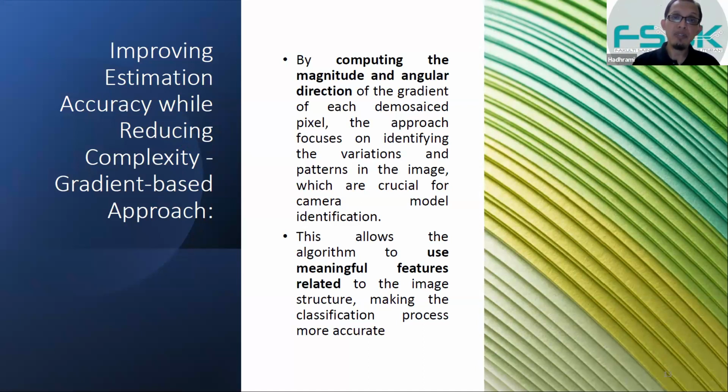By computing the magnitude and angular direction of the gradient of each demosaiced pixel, the approach focuses on identifying the variations and patterns in the image, which are crucial for camera model identification. By computing the magnitude and angular direction, we allow the algorithm to use these features to have a better estimation accuracy.